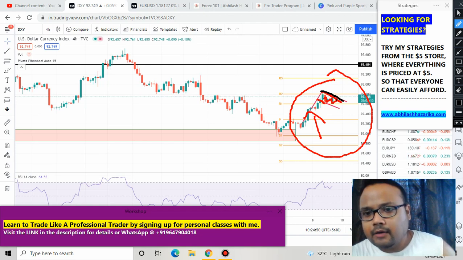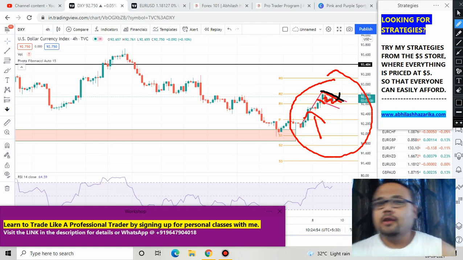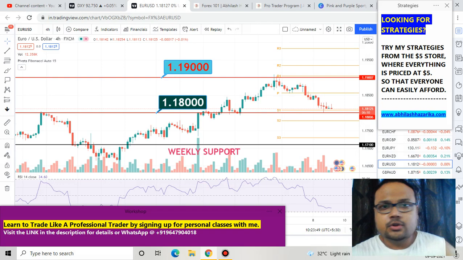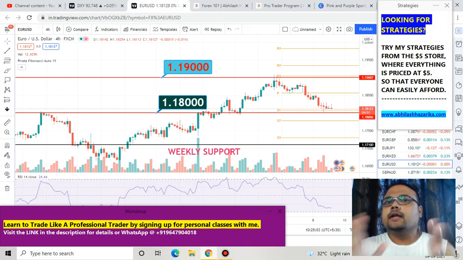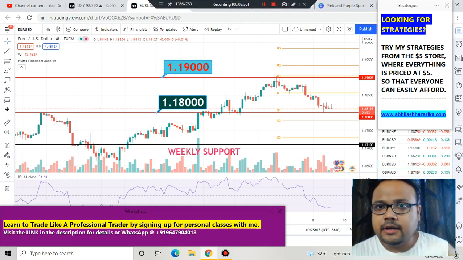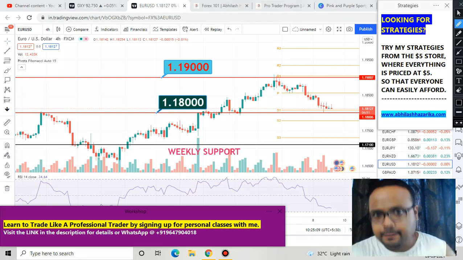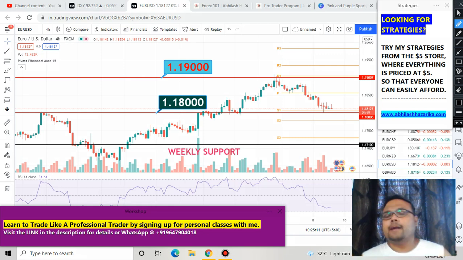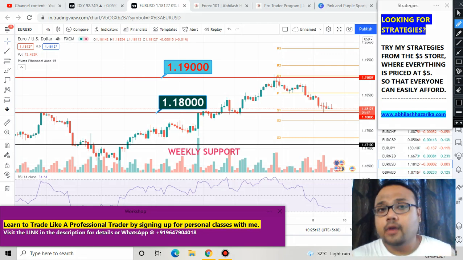When the market breaks this flag, the dollar will definitely become stronger and Euro USD will go down. So listen to me carefully. Looking at the present structure of the US dollar, the bullish flag pattern, there is a good possibility of the dollar going up. And whenever the dollar goes up again, the market will definitely not be able to hold this support.